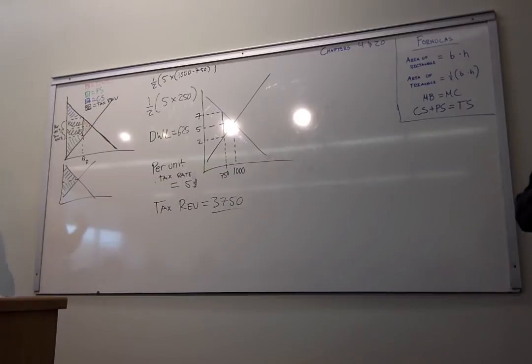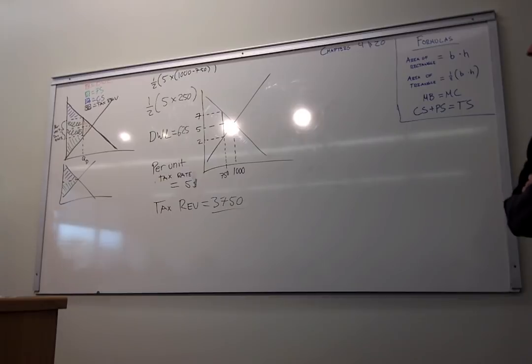So if it asks you, after the tax, what price are the consumers paying and what price are the sellers effectively receiving, it's asking, after the government comes in and takes its portion, how much of each transaction is the seller getting and how much is the consumer paying? In this situation, the consumers pay $7 and the producers only get $2.